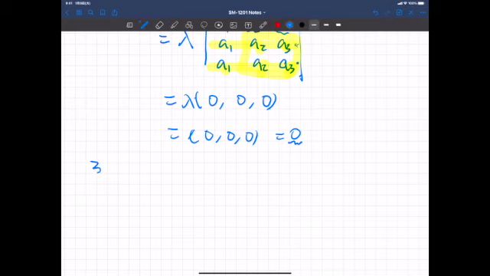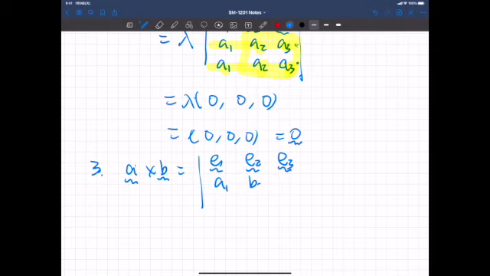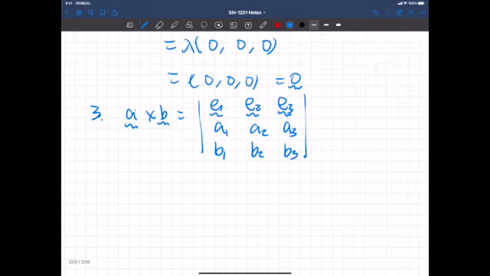And third, again, A cross B is this: A1, A2, A3, B1, B2, B3. Now recall that property of determinant. If you swap rows, then the sign changes.